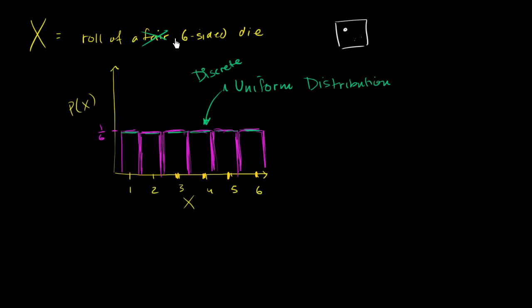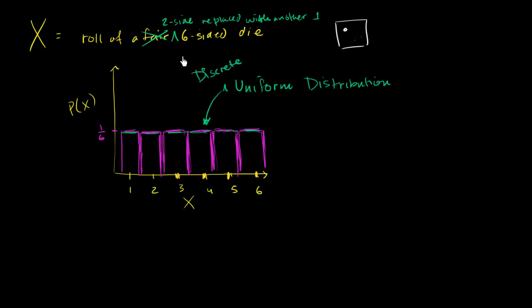The 2 side is replaced with another 1. So you have 2 sides of this six-sided die that are 1, and you have no side that has a 2 on it, and the rest haven't been changed. You have a 3, a 4, a 5, and a 6 side. For this random variable, what would the probability distribution now look like? And I encourage you to draw it right now.